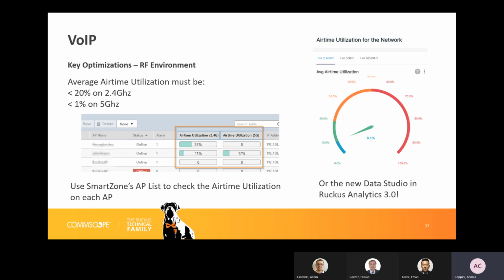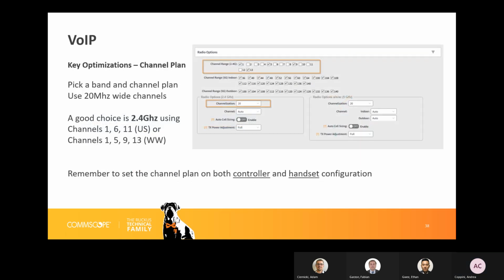And it goes back to what we started with, your airtime utilization. For voice over IP, more than any other application, if you start going above these numbers, it will hurt. Your performance will be bad, and it will be detectable in the voice calls, to the extent where you won't be able to have voice calls over the Wi-Fi network.